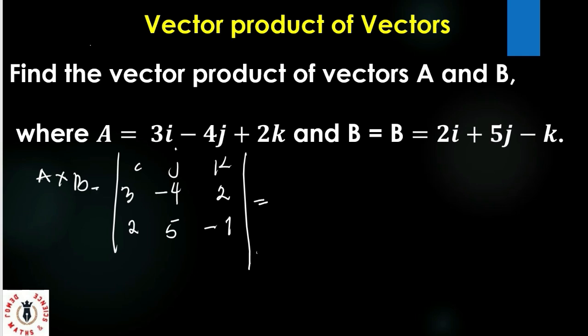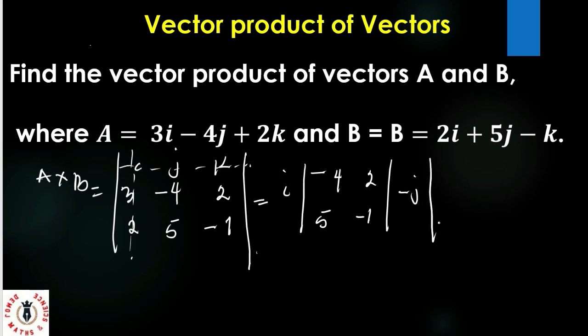So this is the same thing as we have i. Now forming the 2 by 2 matrix like we did earlier, here will be minus 4, 4, 5, minus 1. I've only picked elements that do not fall within the row and column associated with i. Then minus j now.